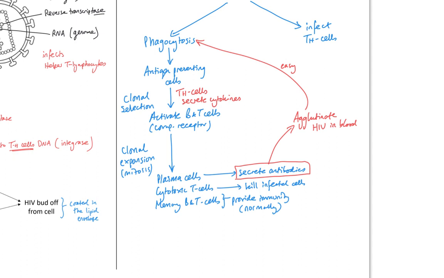Every time it happens, I'm depleting my T helper cell count. I need a critical number of T helper cells to have an effective immune system. So as HIV bursts out, it's going to be destroyed, but some are going to get into fresh T helper cells and then replicate inside them and burst out, and so on and so on.